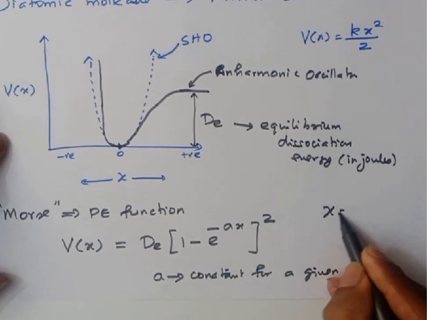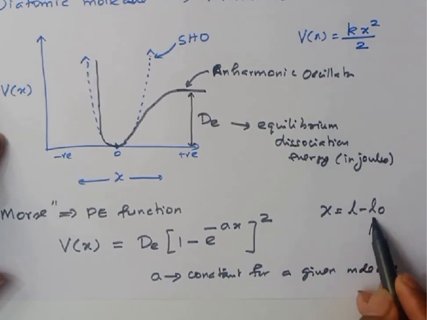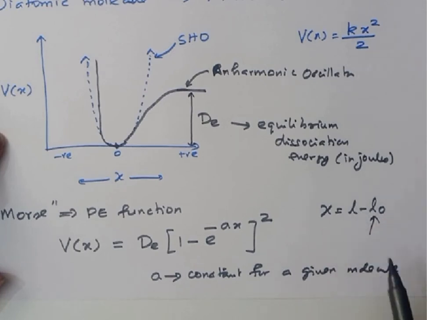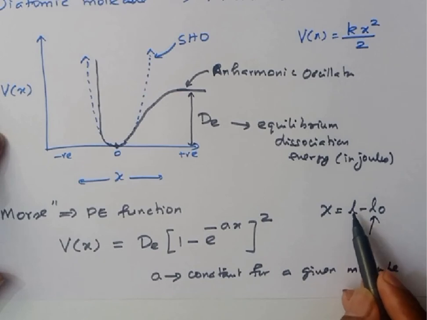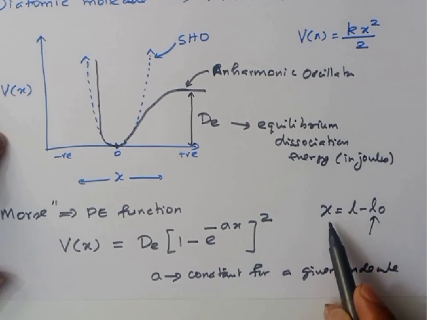You know very well, x is L minus L naught, where L naught is the equilibrium bond length and L is the bond length during vibration, during stretching, elongation or compression. In elongation x will be positive and in compression x will be negative.